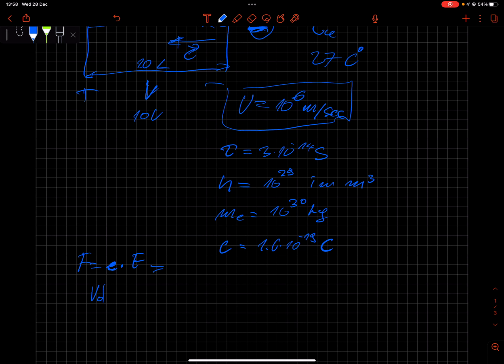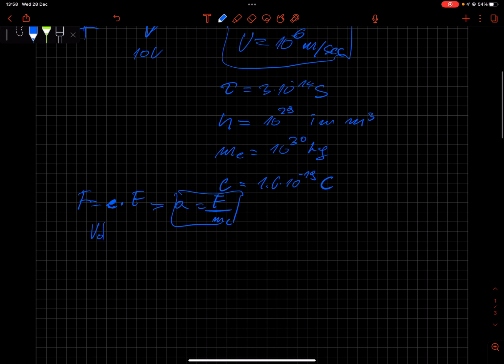From this formula we can write that acceleration is force divided by the mass of the electron, and we need this to calculate the speed. So the speed of electrons, let's call this drift velocity.